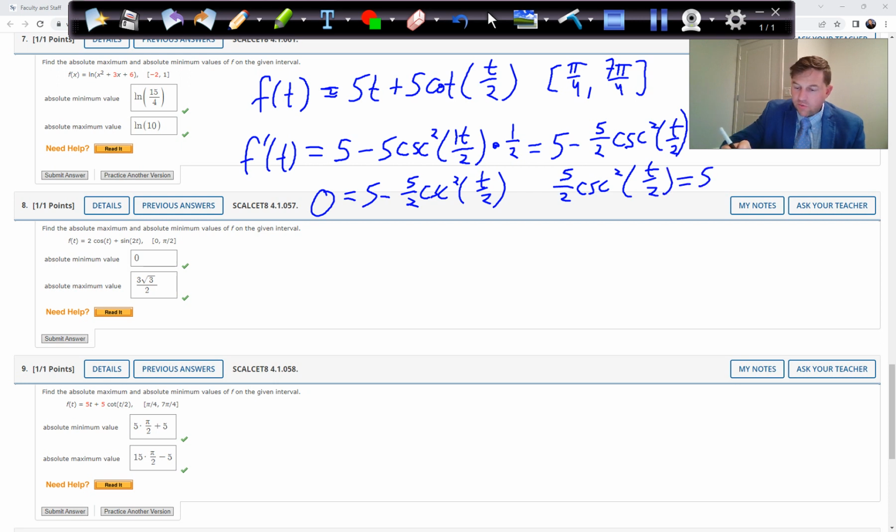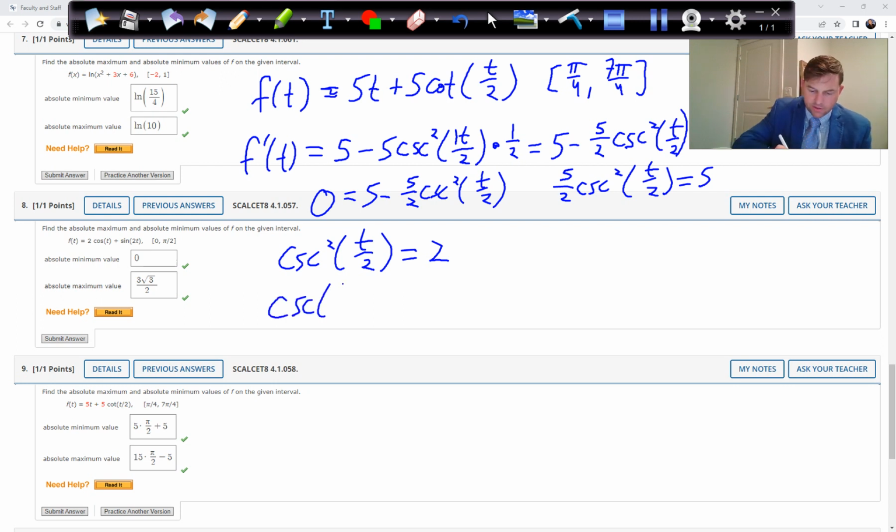There's a 5 on both sides, so we can divide by 5 and multiply by 2, and we'll get cosecant squared of t over 2 equals 2. Or just multiply both sides by 2/5, same idea. Now take a square root of both sides. Cosecant of t over 2 equals plus or minus the square root of 2.